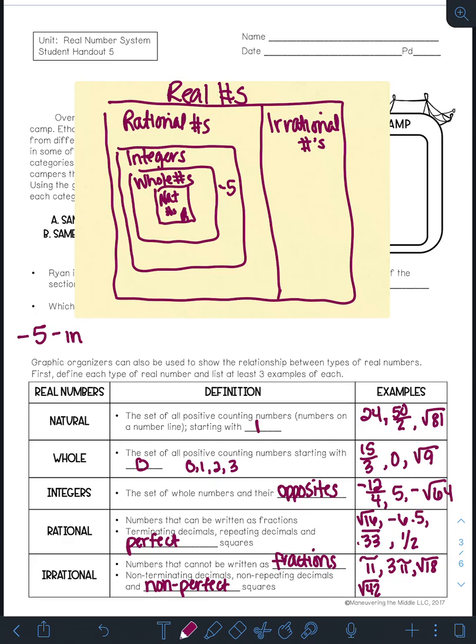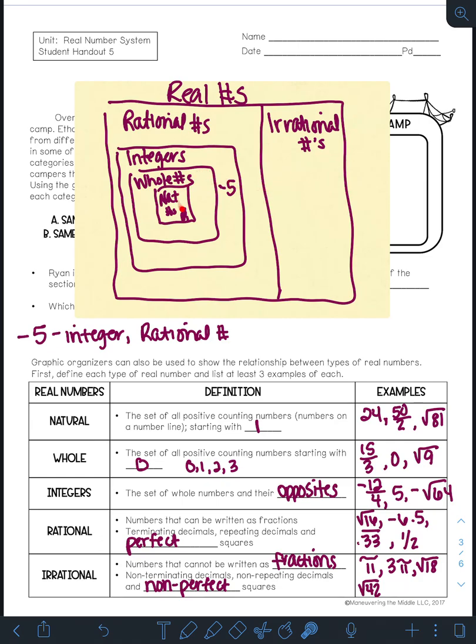It would be an integer. It would also, however, be a rational number because it sits inside this rational number box. But if you look at it, this -5 sits inside the rational number box and it sits inside the real number box. It does not have any relationship with the irrational numbers.